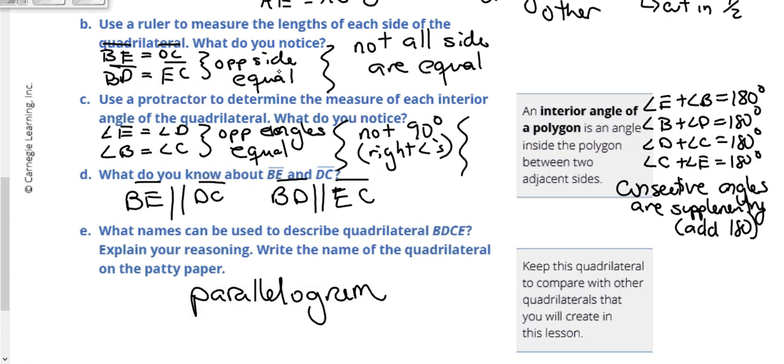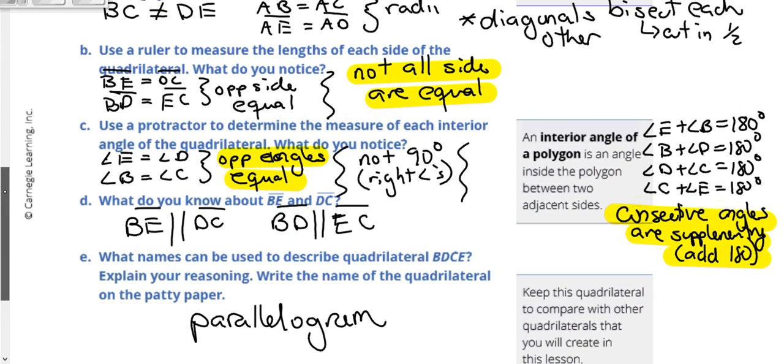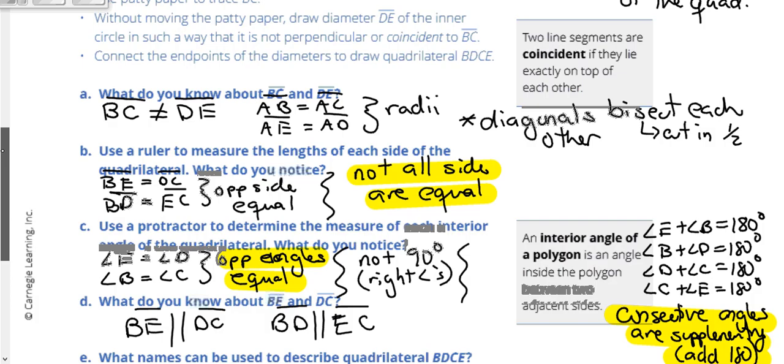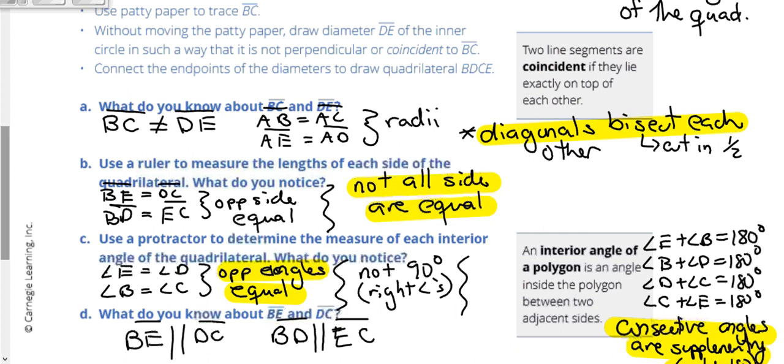So again, consecutive angles are supplementary. We know that opposite angles are equal. We know not all sides are equal. We know that opposite sides are parallel and that the diagonals bisect each other.